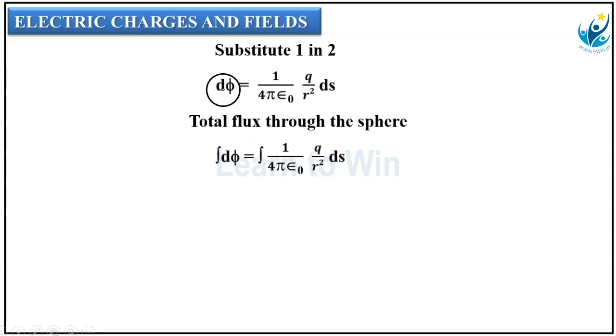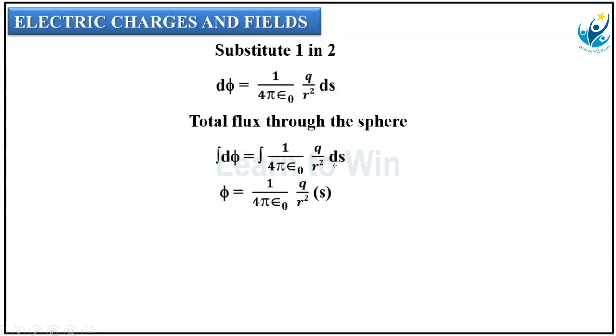That is, integral d phi is equal to integral 1 by 4 pi epsilon naught Q by r square ds. Integral d phi is nothing but phi. So phi is equal to 1 by 4 pi epsilon naught Q by r square, a constant, times integral ds. What is ds? ds is the area of the small element on the sphere.